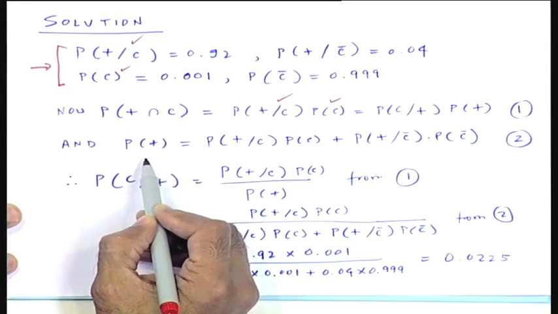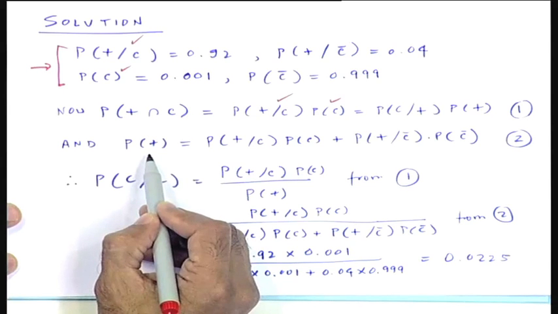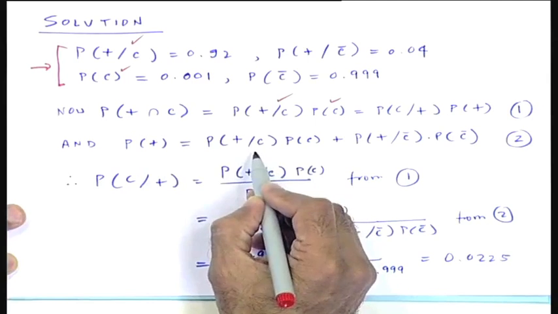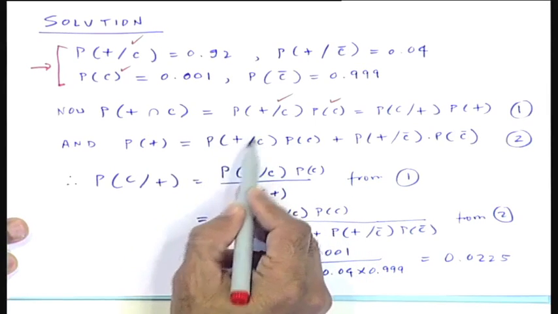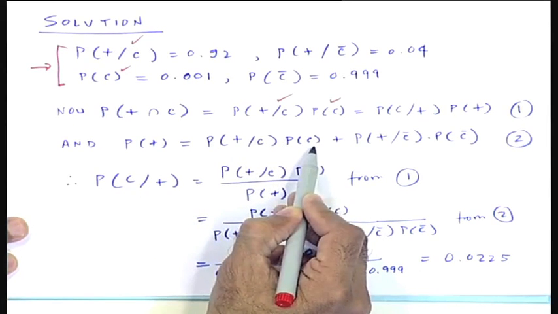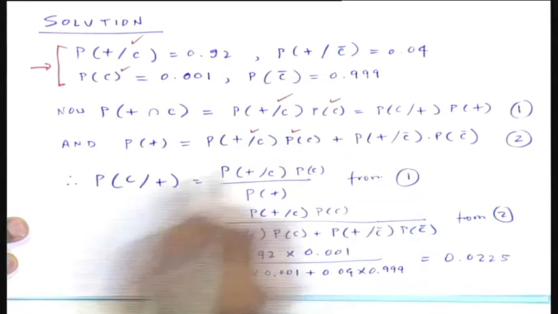Then I look at this quantity here, which is the probability that the test is indicated to be positive. When can that happen? That can happen by this: the probability that the test is positive given that the person has cancer, multiplied by the probability that the person has cancer. That is found from here, so I know this and I know this. No real problem there.